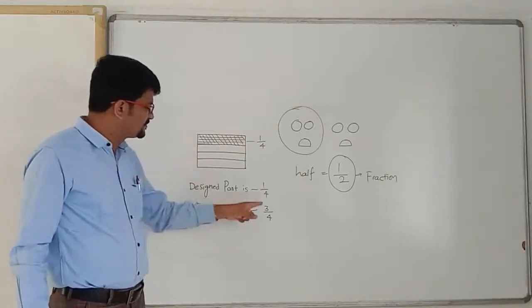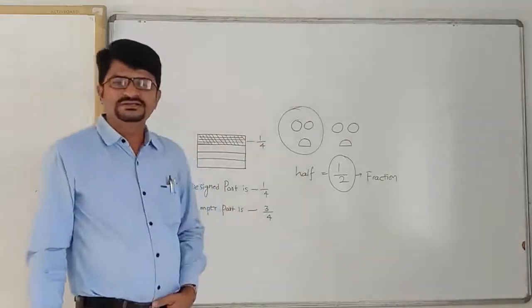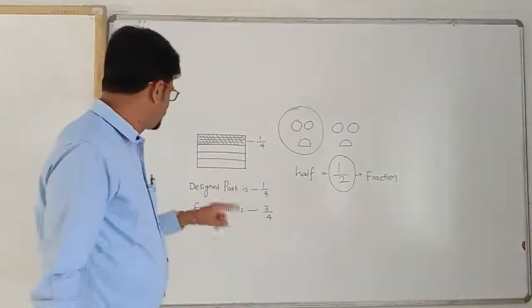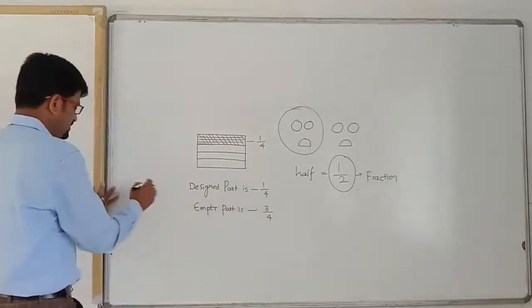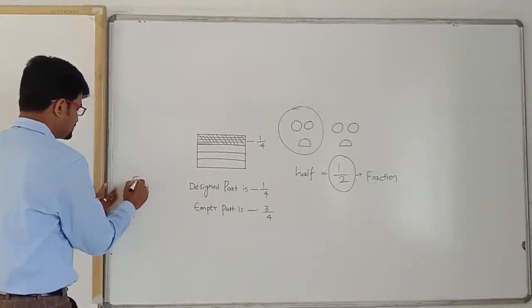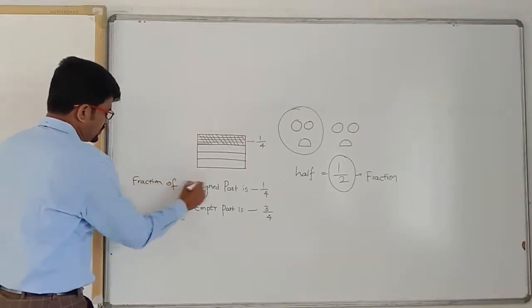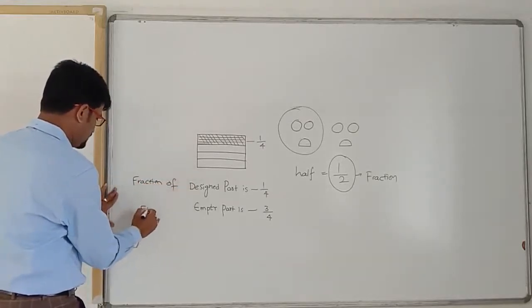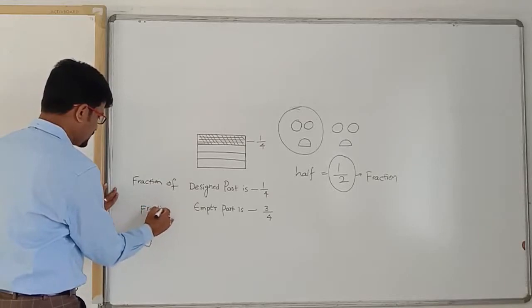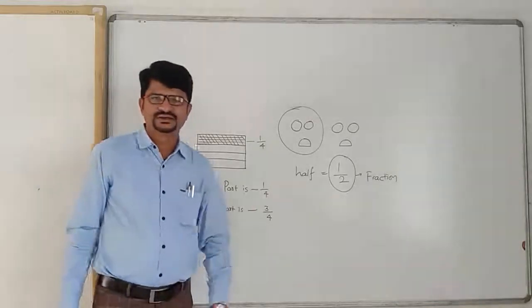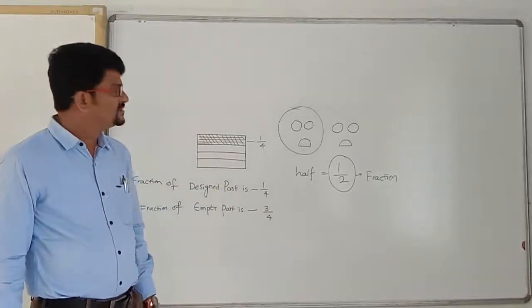Therefore, 3 by 4. Among the 4 parts, 3 parts were not designed. So it can be named the fraction of the design part and the fraction of the empty part. Am I right? Clear, children?